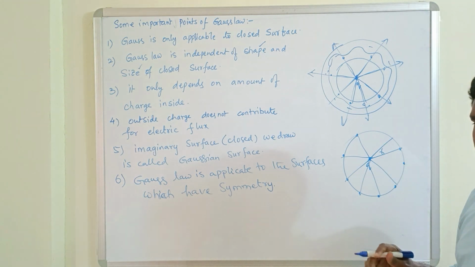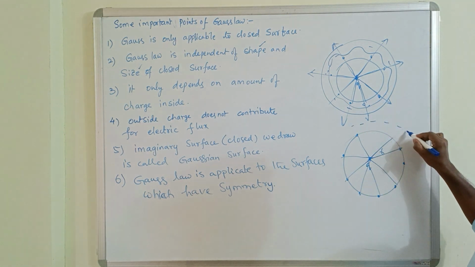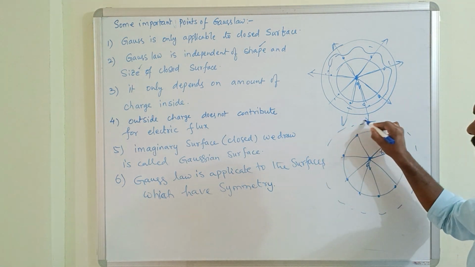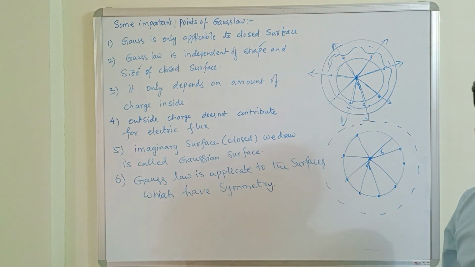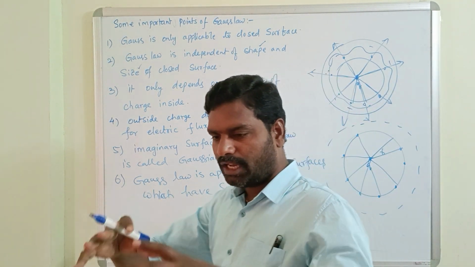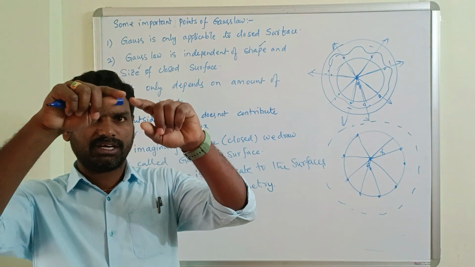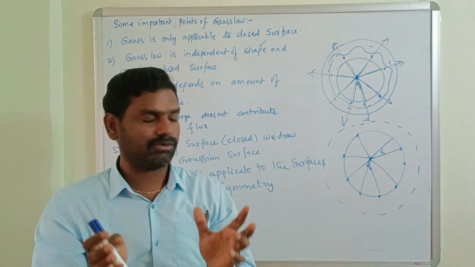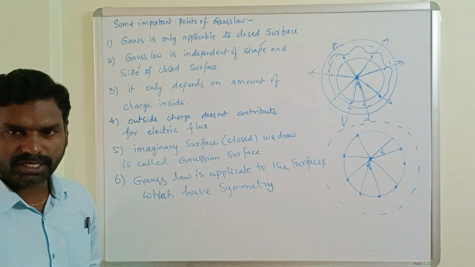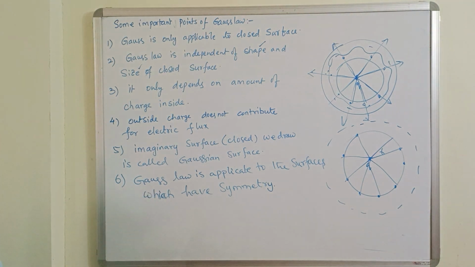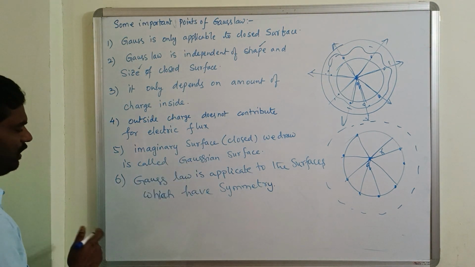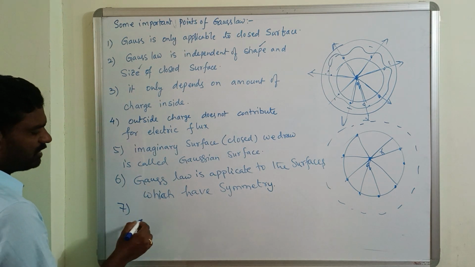So I am constructing a Gaussian surface such that those points are equidistant from the charge. If we consider it that way, I will construct a closed surface having spherical shape. Then we can apply Gauss law for spherical shapes. What is Gauss law here?